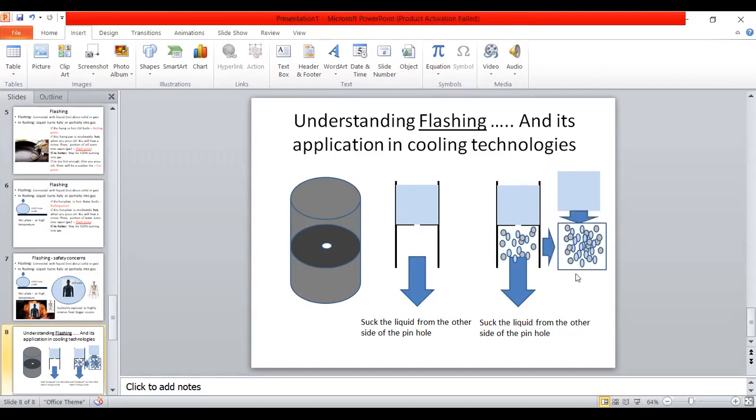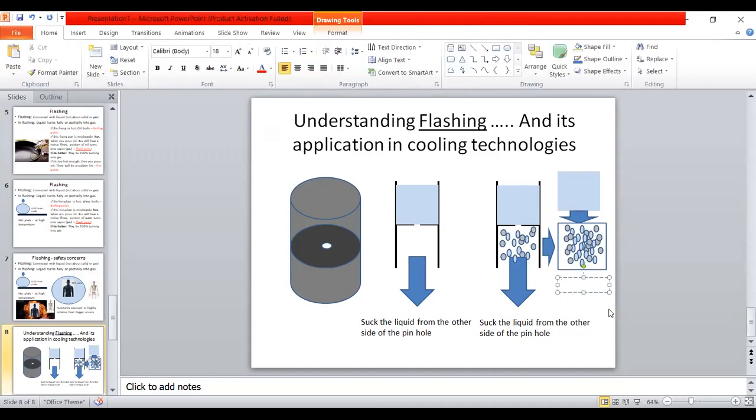This is the situation. So here, what happens is pressure reduced.